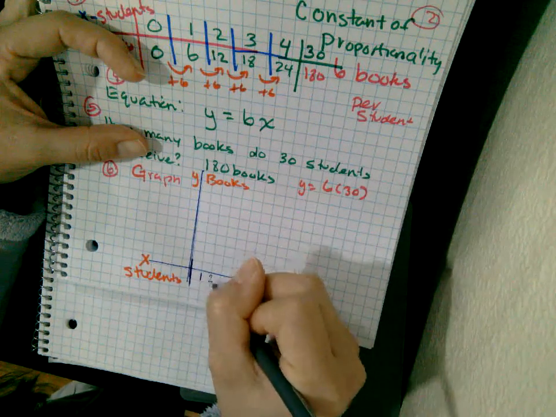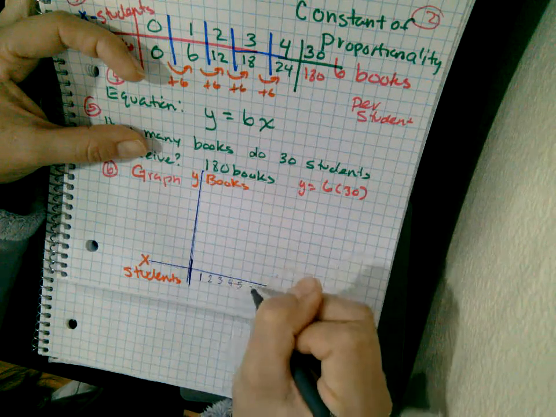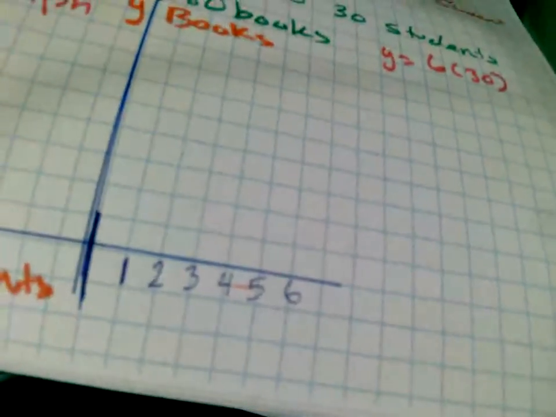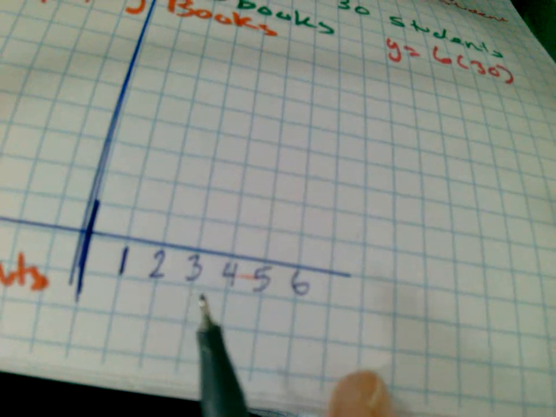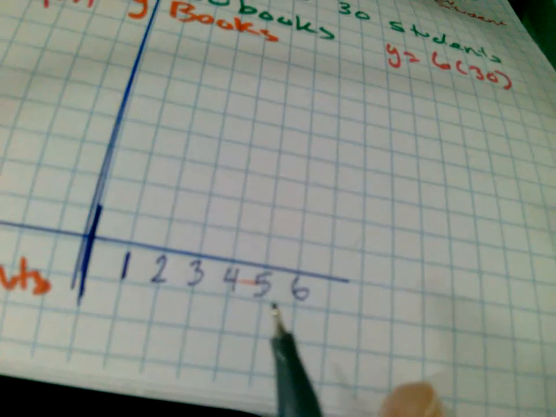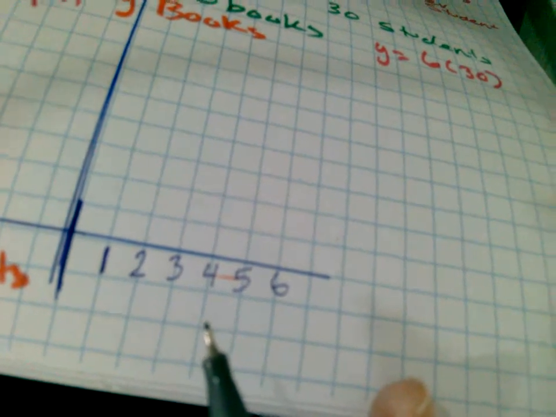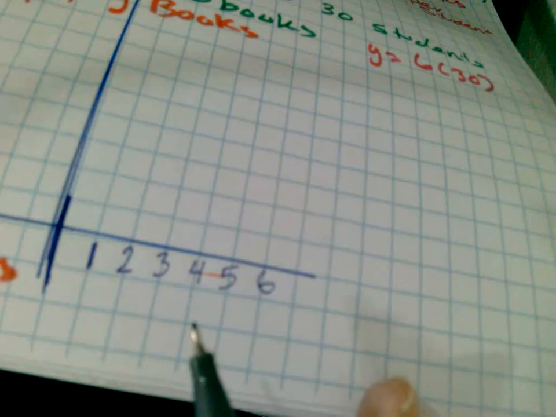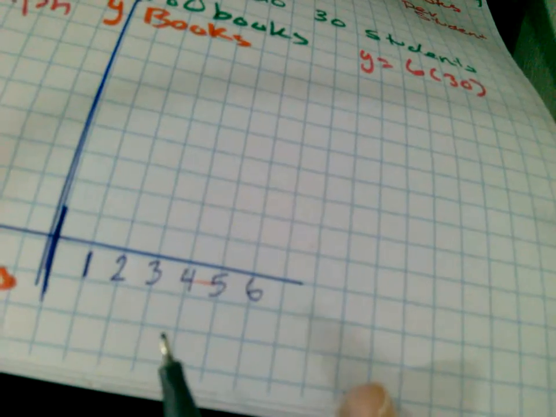Next line over is 2, 3, 4, 5, 6. Now, notice, zoom it in right there. Notice that I put the numbers on top of the lines. I don't put them in the boxes. Do not put the numbers in the boxes. You are numbering the lines, not the boxes. Okay, so if they never taught you this, I guess I'm the one teaching it to you.